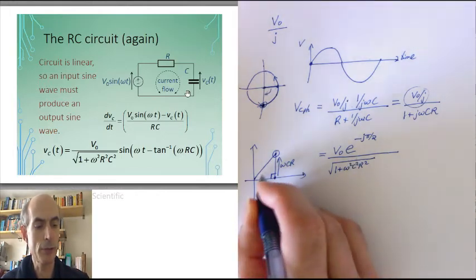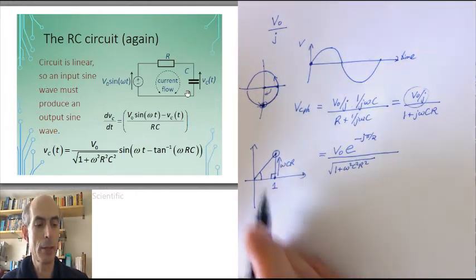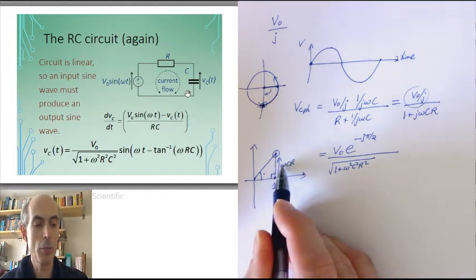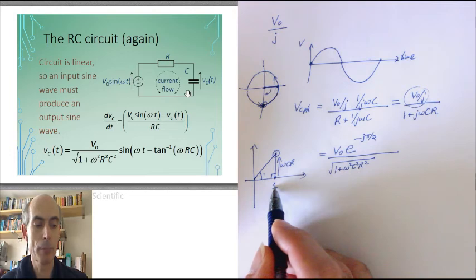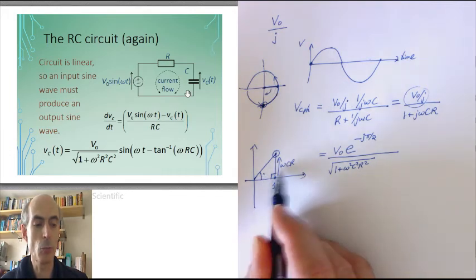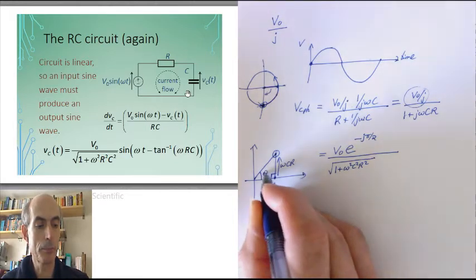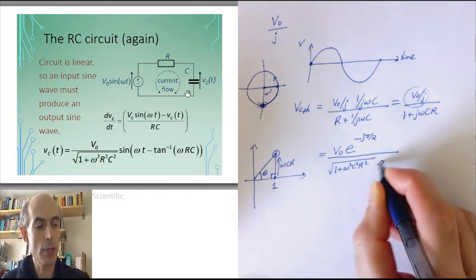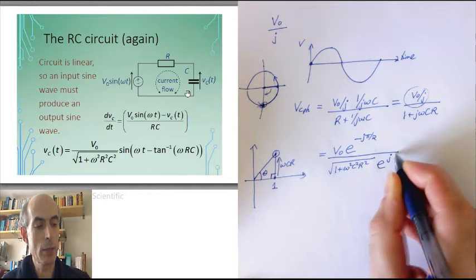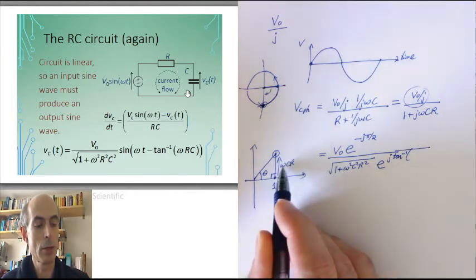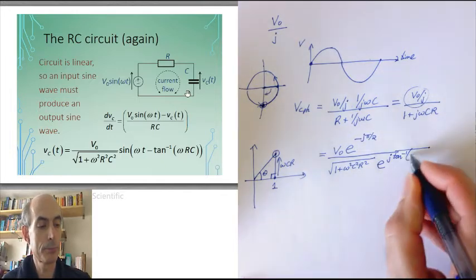And the phase angle would be that angle there. And that angle is tan to the minus 1 of omega CR divided by 1, which is just tan to the minus 1 of omega CR. That's the angle. So I could write this as e to the power of j tan to the power of minus 1 of omega CR.